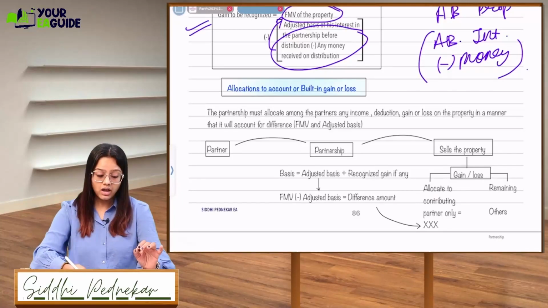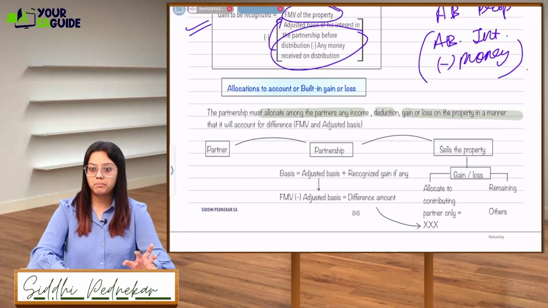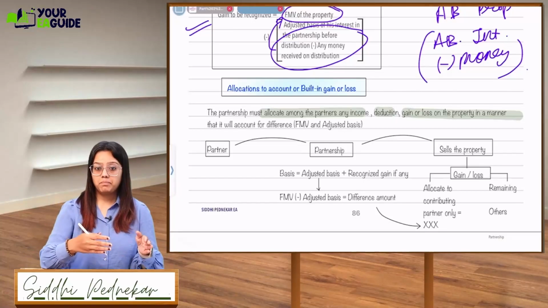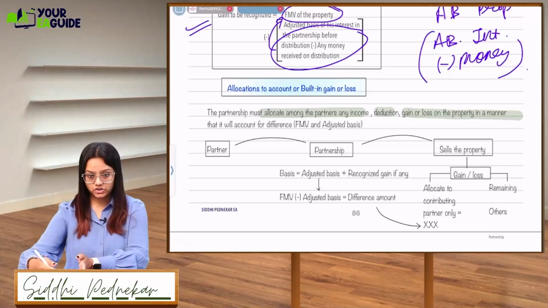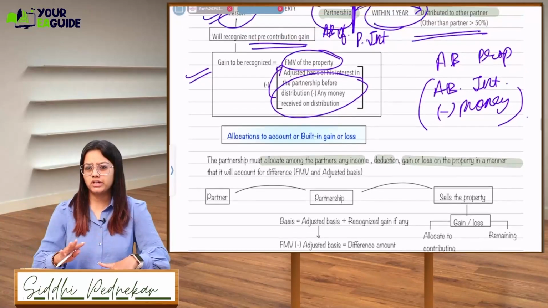Let's understand that. The partnership must allocate among all partners any income, deduction, gain or losses on the property in a manner that it will account for the difference. Okay, means whenever a partner is contributing certain property to the partnership, and when the partnership is selling the property, this is not about within 1 year or within 2 years, 3 years.